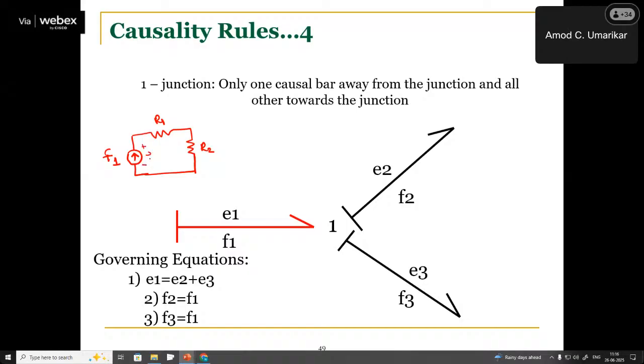The effort across this is E1. Here the effort across this is E2. The flow across this element is F2, and the flow across this is F3, and the effort across this is E3.